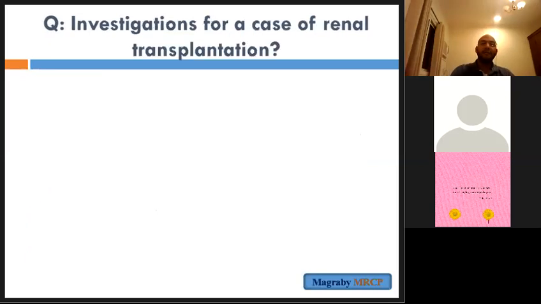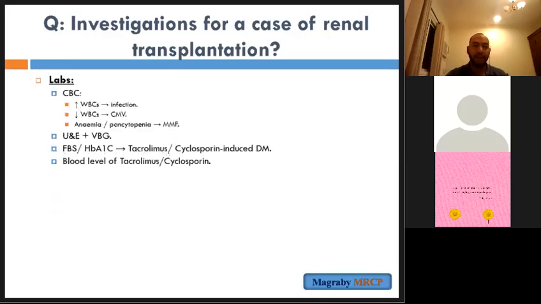If you have a patient with renal transplantation, what are the investigations? We start with lab tests: CBC, urea and electrolytes, blood gases, checking the blood sugar, and the blood levels of the immunosuppressive medications.